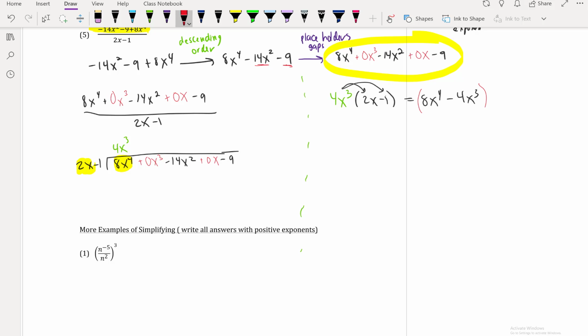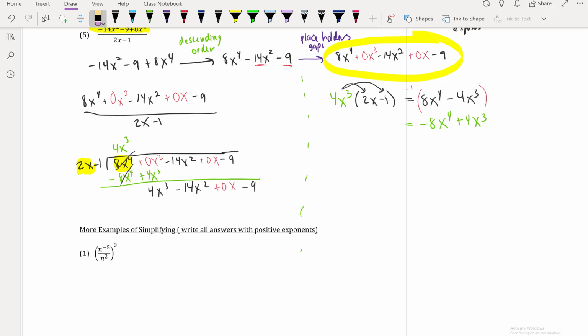And don't forget, you multiply everything by a negative 1, so you end up with a negative 8x to the 4 plus 4x cubed. So I'm going to go ahead and write that out. So negative 8x to the 4 plus 4x cubed. So that 8x to the 4 ends up canceling out. Now what I end up having is a 4x cubed minus 14x squared plus 0x minus 9.